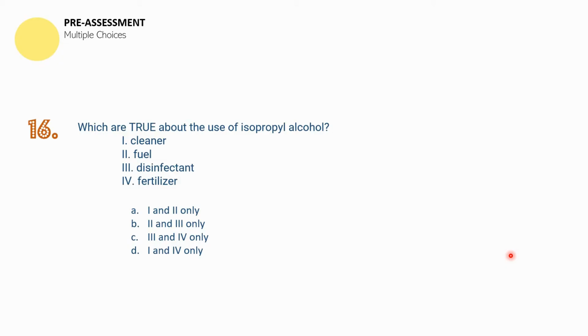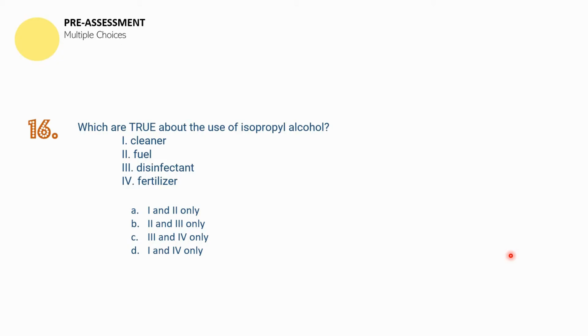Cleaner, 2. Fuel, 3. Disinfectant, 4. Fertilizer. The options are A. 1 and 2 only. B. 2 and 3 only. C. 3 and 4 only. D. 1 and 4 only.